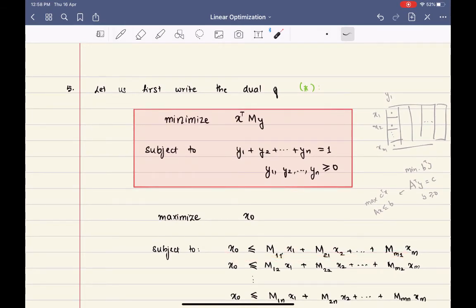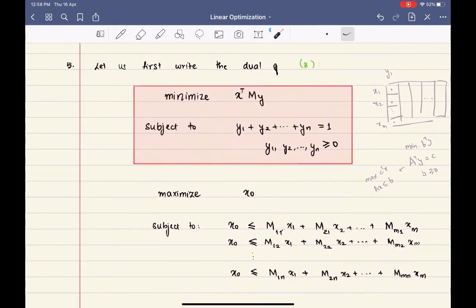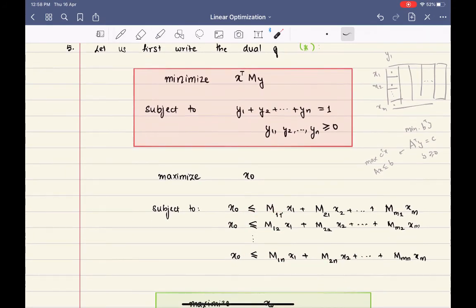The coefficient of y2, which will be x0, will be less than or equal to m12 times x1 plus m22 times x2 till mm2 times xm. I have written y1, y2 for each of the n variables. We have one constraint like this. So this is the dual.